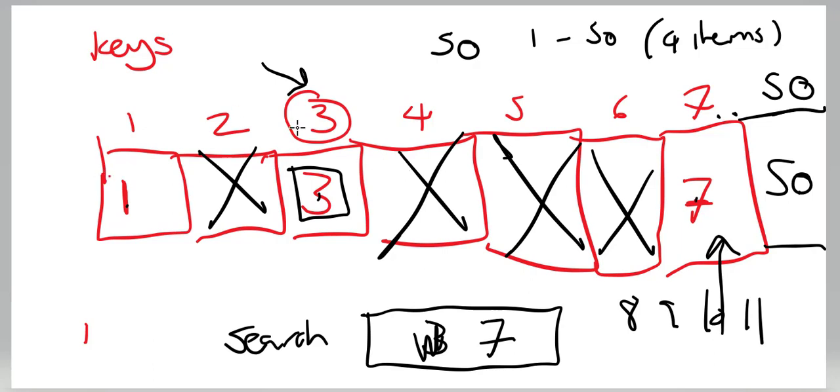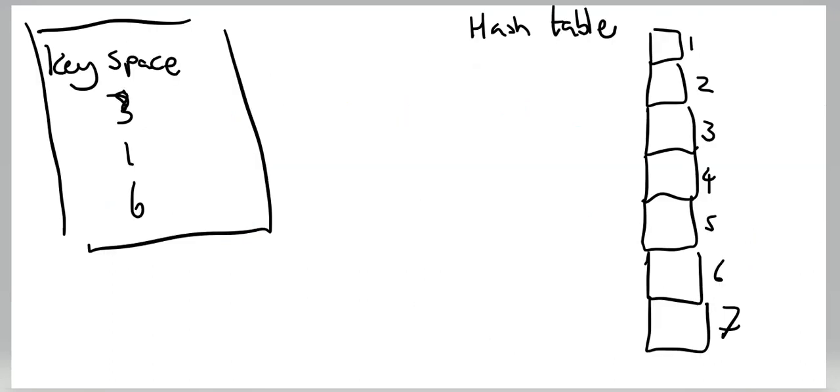So let's have a look at this in a little bit more detail. What we have is a hash table, and we have our key space. So we've got 3, 1, 6. These are our values. In order for this to work, we're going to use this algorithm, which is h(x) equals x.